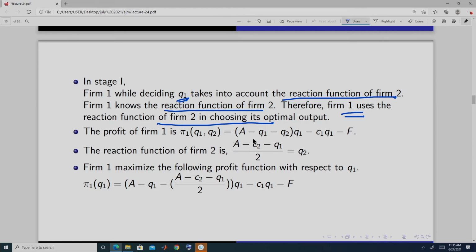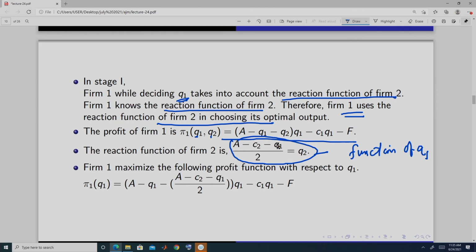Firm 1's profit function is this, as we have seen. We have taken the profit function as a function of Q1 and Q2, but firm 1 knows that Q2 is actually given by this reaction function, which is a function of Q1.